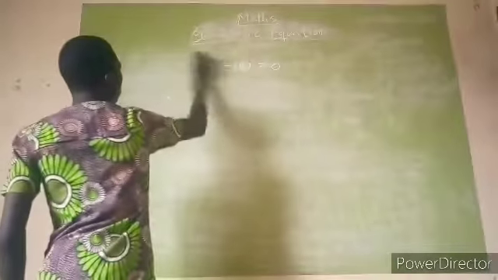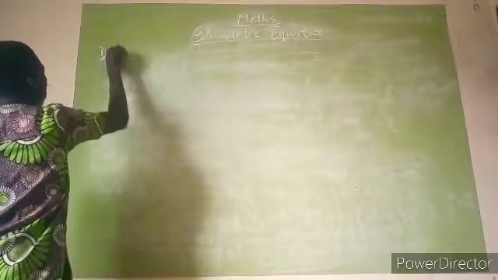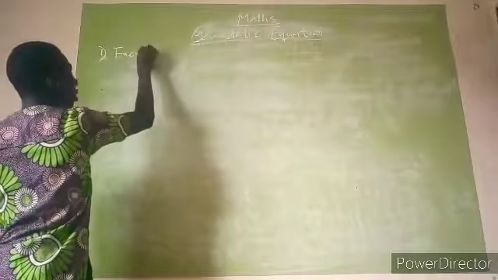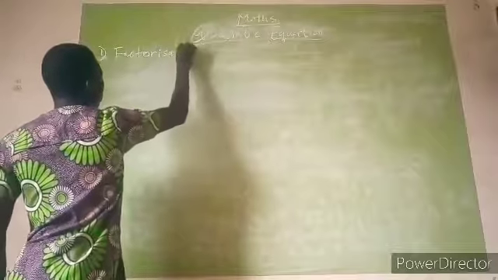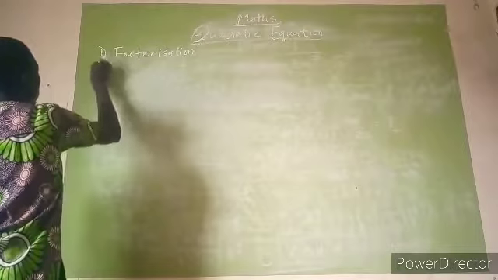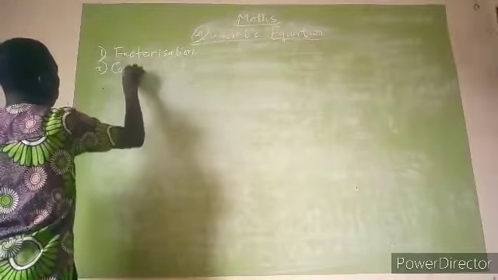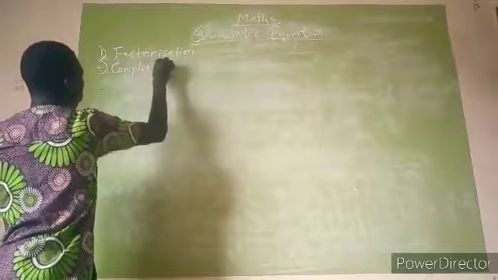Now let's deal with the methods. Like I've said, we have methods. The first method is the factor method, generally known as factorization. Then number 2 is the completing the square method.